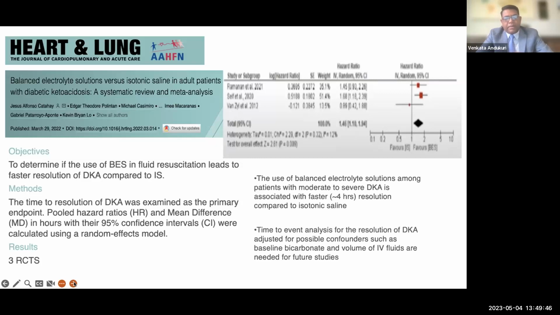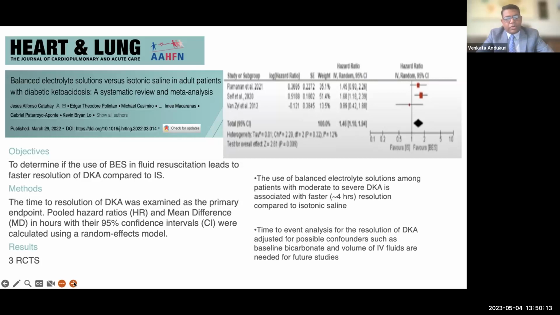But they noted that when the heterogeneity was low, the study favors balanced electrolyte solution. So even in DKA patients, I know most of our guidelines and order sets have normal saline in them, I think there's a slight difference between these two, and it's better, in fact, to use crystalloids.